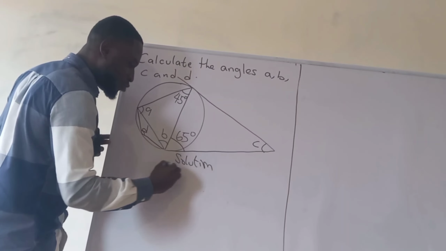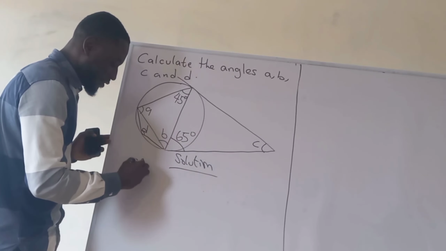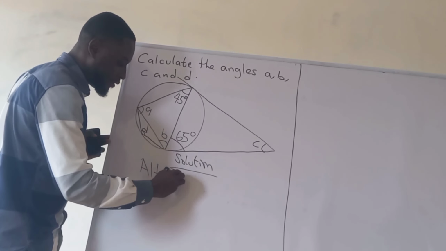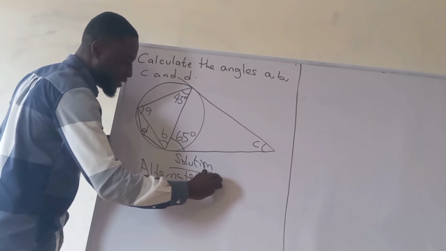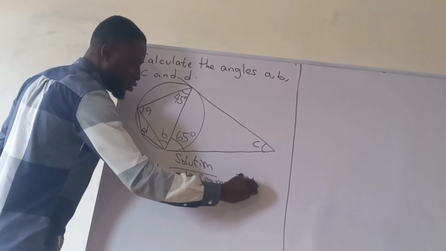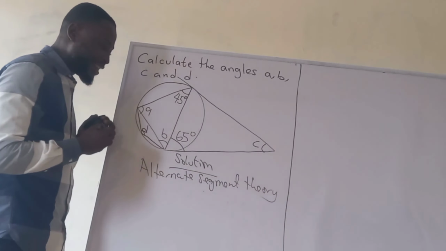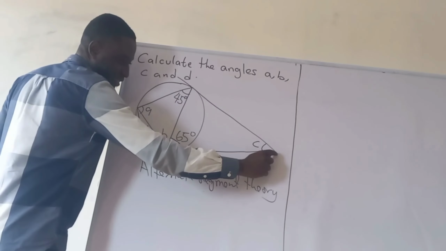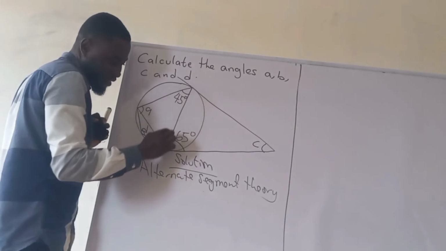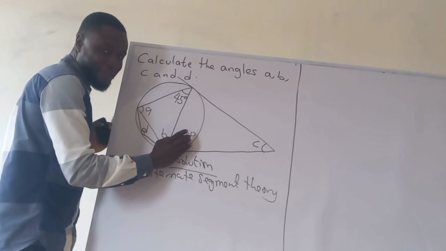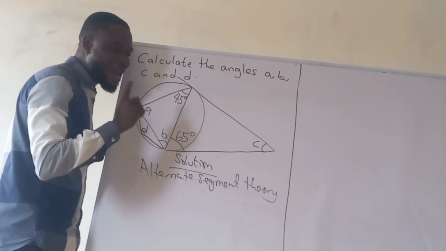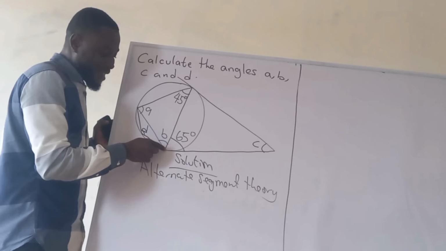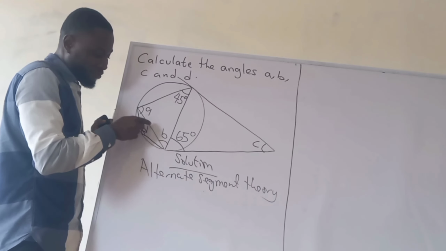The one we are going to use to solve our A is the alternate segment theorem. It states that when there's a tangent and a chord, the angle between them, which is 65 degrees, should be the same as the angle that subtends the chord.